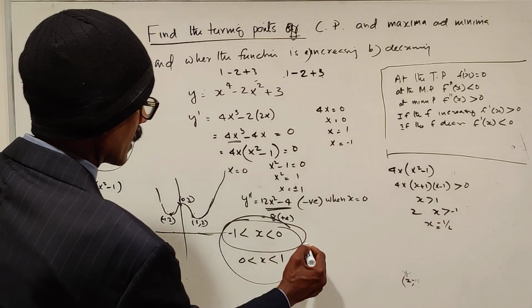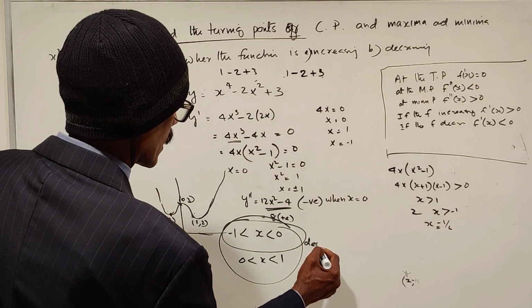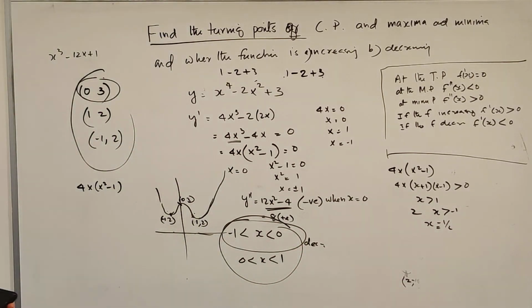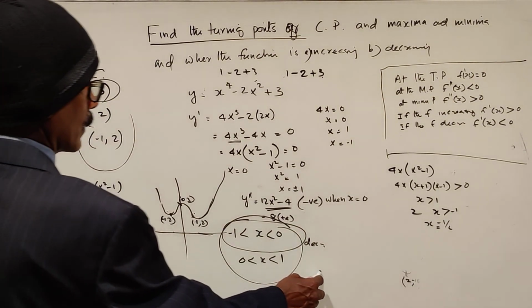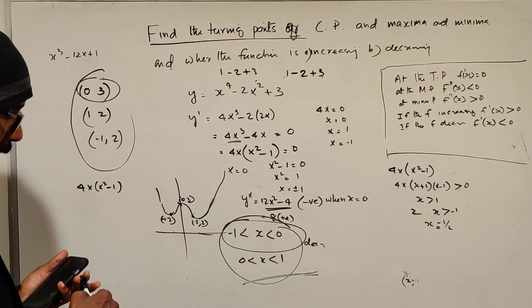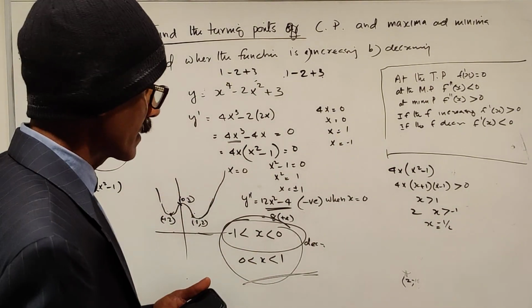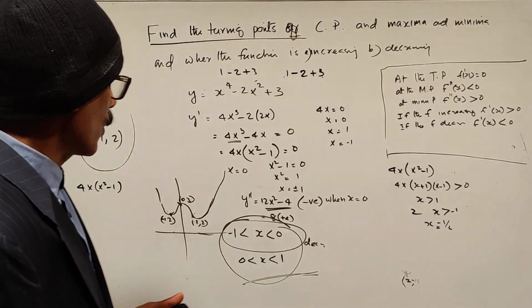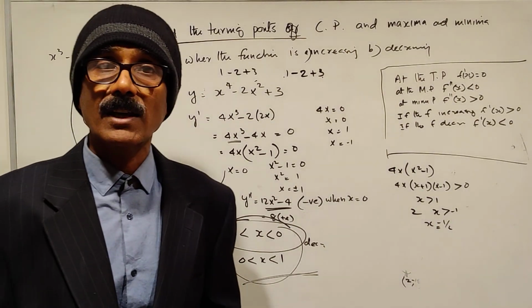This is correct. Decreasing. Okay. So these are the answers. Increasing, decreasing functions are a little difficult. We can do a few more problems in the next class. Okay. Thank you for watching this video. Thank you very much.